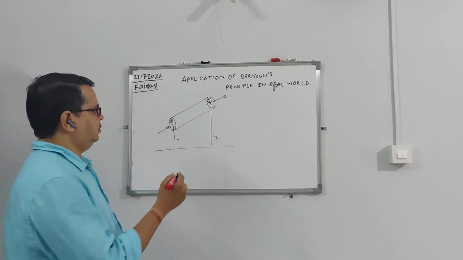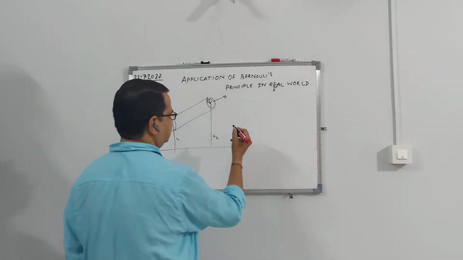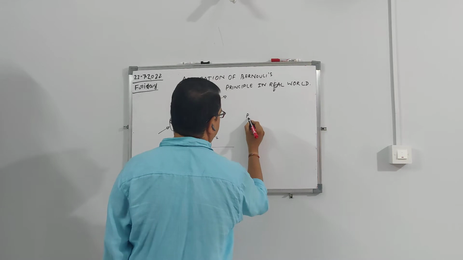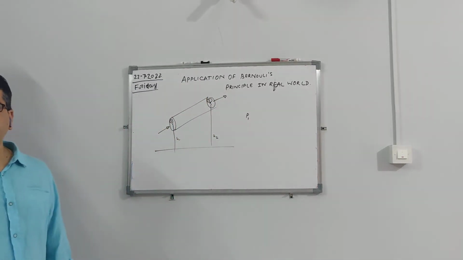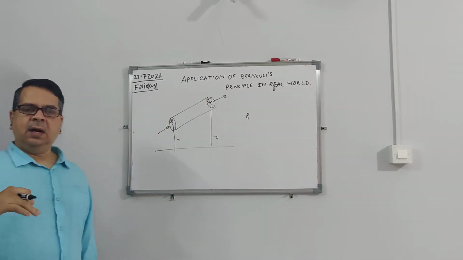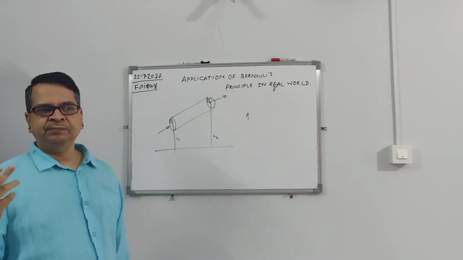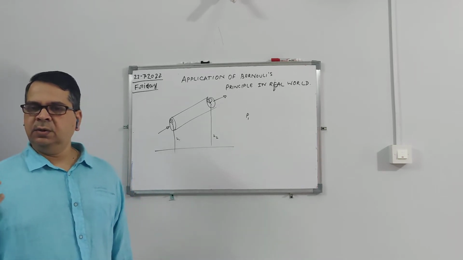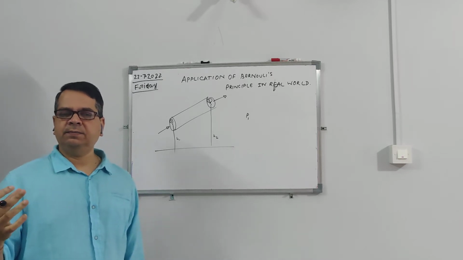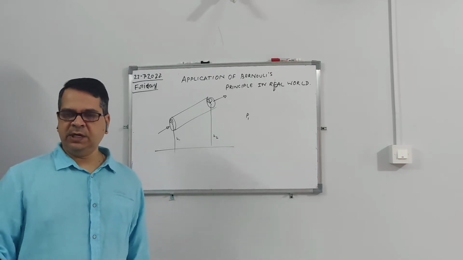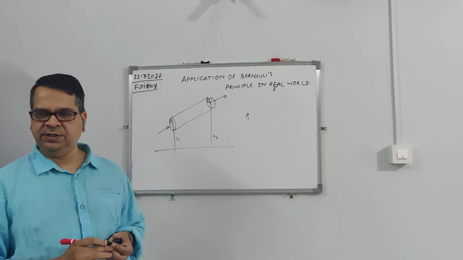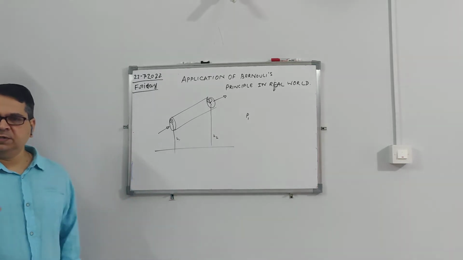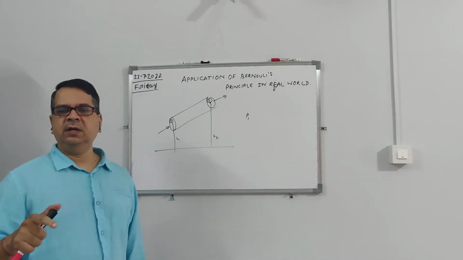That equation we can write, with pressure energy as P1. You also know that pressure is equal to rho gh. For example, atmospheric pressure is 760 mm of Hg, so that is the h, then rho and g.